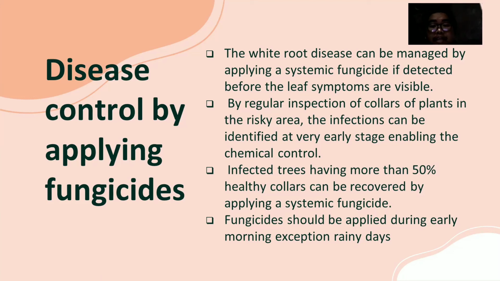By regular inspection of the collar of plants in the risk area, the infection can be identified at a very early stage, enabling chemical control. In stage 3, plants having more than 50% active color can be recovered by applying systemic fungicide. Fungicide should be applied during early morning, avoiding rainy days.